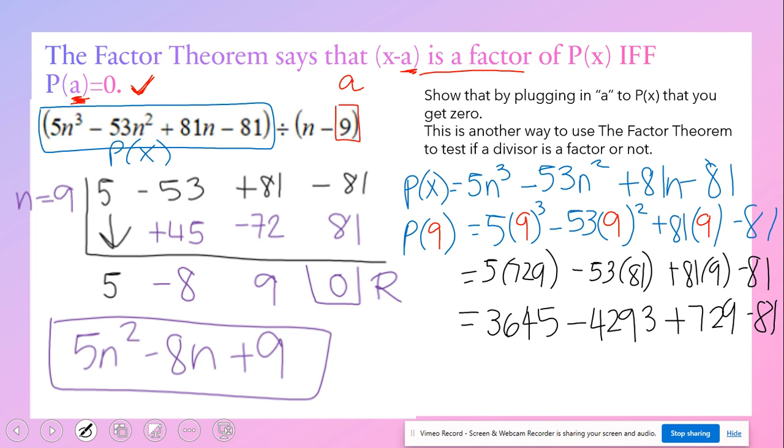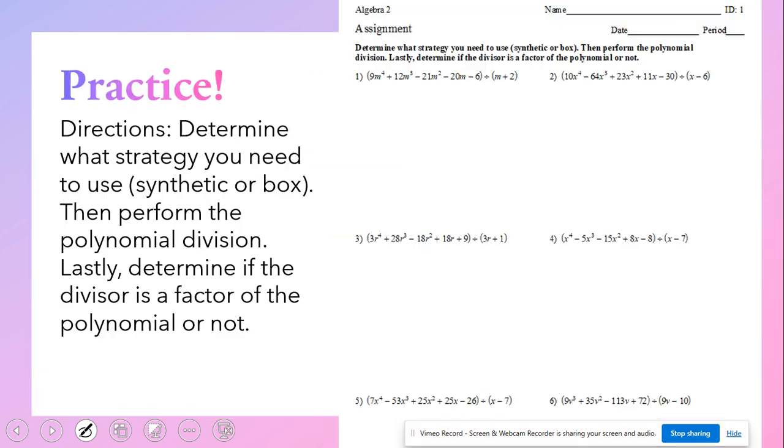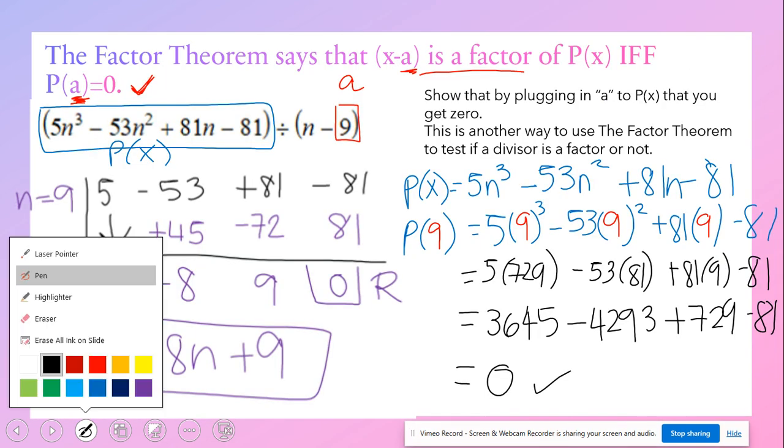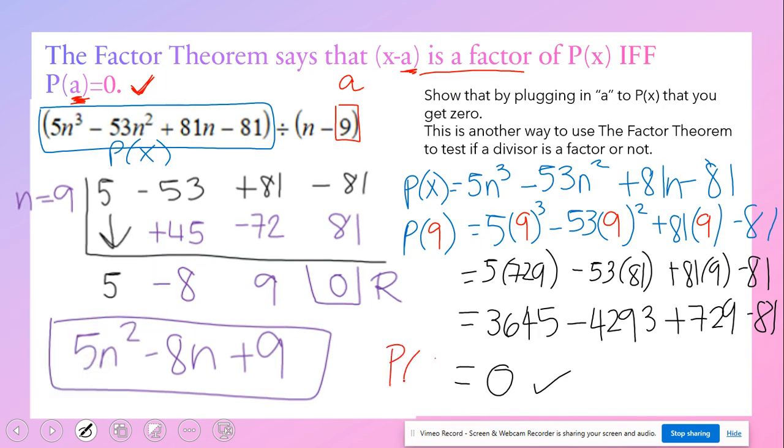And 81 is 81. So we just get to adding all of these things up to one another, and we get 0. This shows that p of 9 equals 0, which verifies the factor theorem.